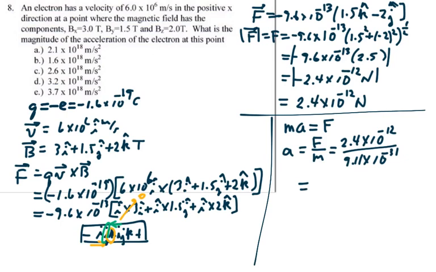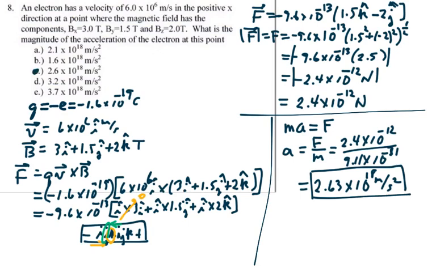Hope you have that memorized. So this is equal to 2.63 times 10 to the 18 meters per second squared.